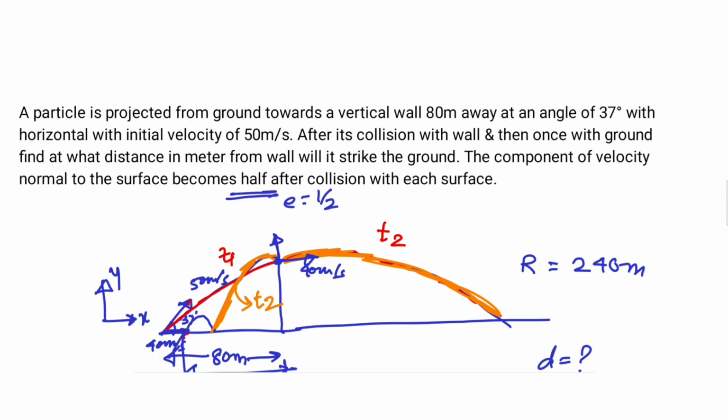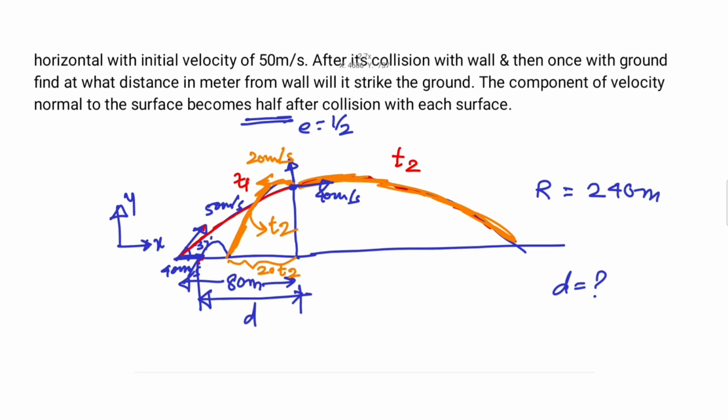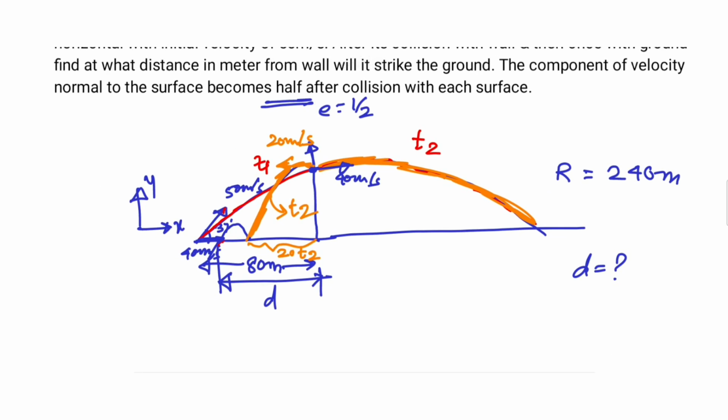After the collision, the velocity becomes 20 meter per second. So what is this distance? That is 20 times t2. Why? Because along the x-axis there is no acceleration, so the particle is in uniform motion and the component of velocity along the x-axis remains unchanged. So 20 meter per second times the time t2. I hope that makes sense.